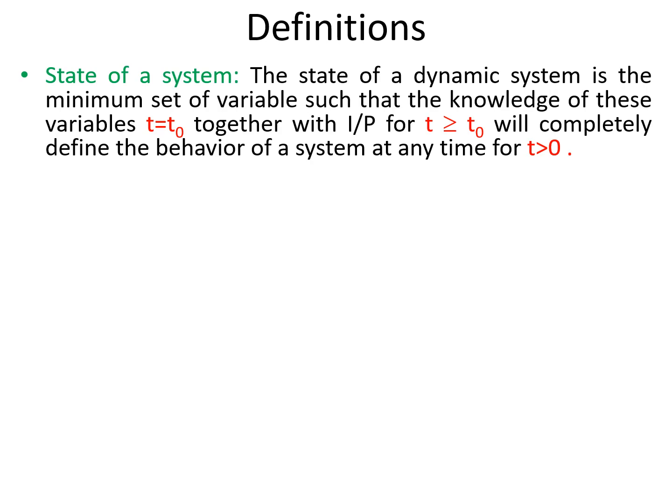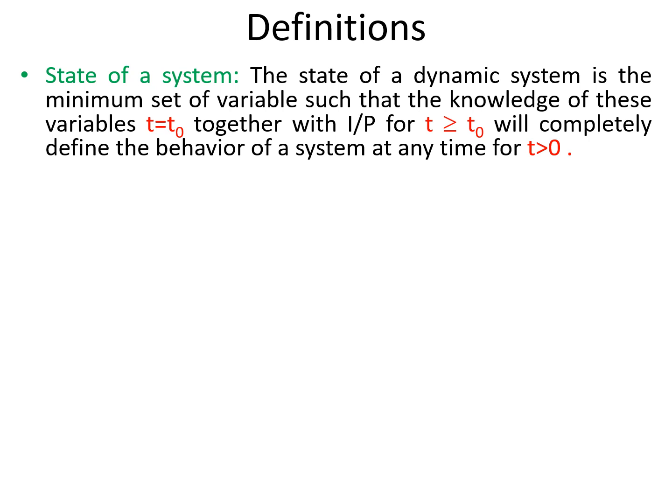Coming to definitions, the first definition you have to know is what we mean by state. The state of a system is the minimum set of variables such that the knowledge of these variables at a particular time t0, together with the input for t greater than or equal to t0, will completely define the behavior of the system for any time t greater than t0.